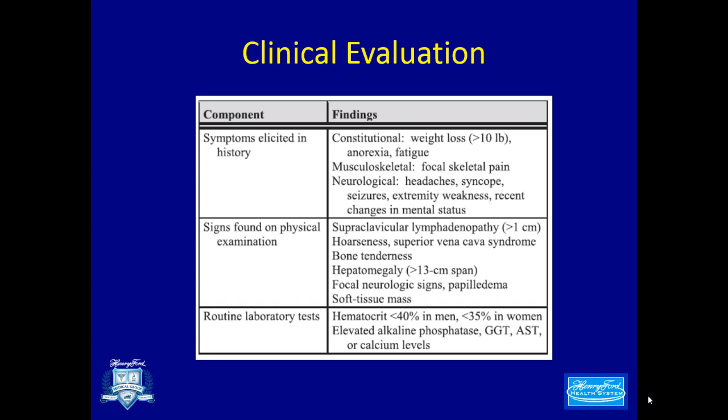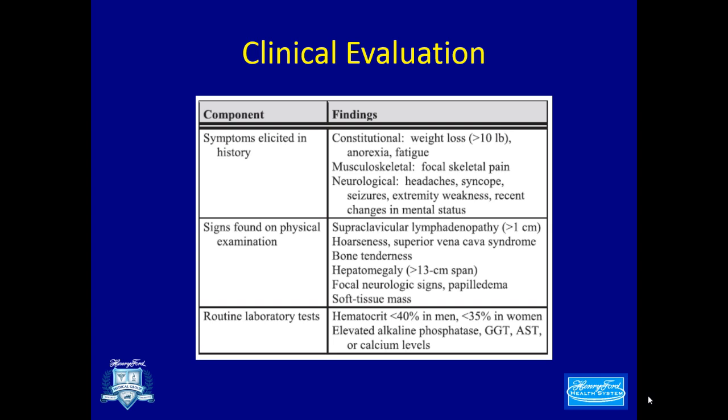Patients could come with constitutional symptoms that could be suspicious for cancer, or musculoskeletal pain, that can guide you, well, maybe the patient is already having a metastatic lesion in the bone. Neurologic deficits can tell you maybe the patient is already having a metastasis in the brain.